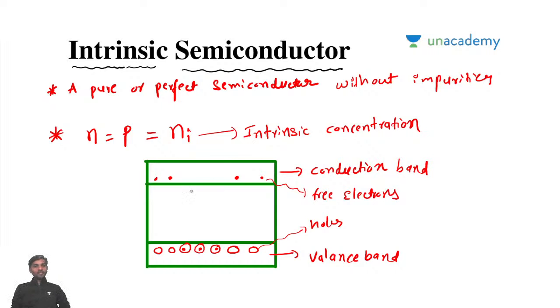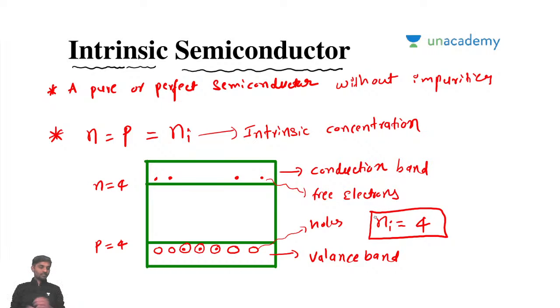So here, what is ni, sir? n is equal to 4. p represents holes, and n represents electrons. So ni must be equal to 4. That is, the intrinsic concentration must be equal to 4. This is a very important point to remember.